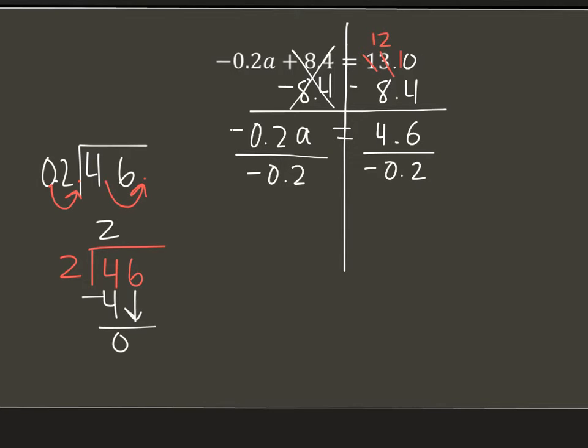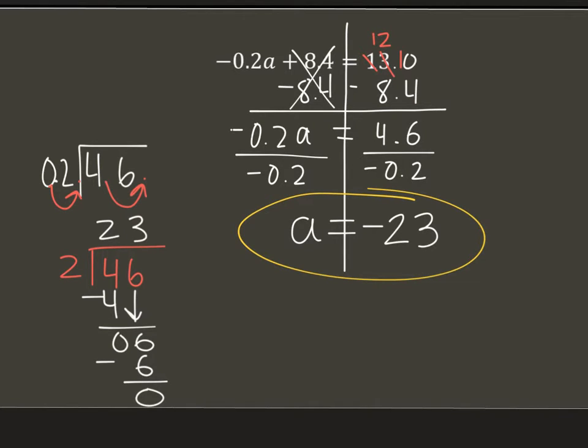And drop our 6. 2 goes into 6 3 times. And our division is done. So we are left with A equals, our division told us it was 23, but we had a positive divided by a negative, so our answer should be a negative 23 here. So A equals negative 23.